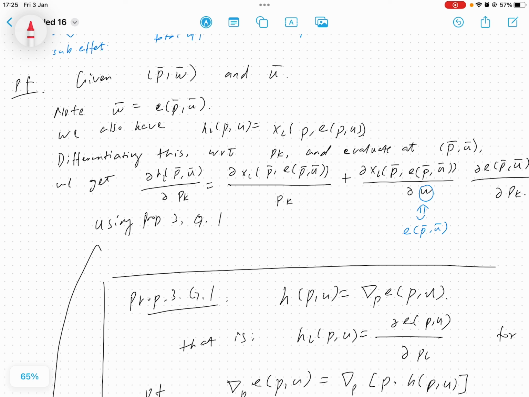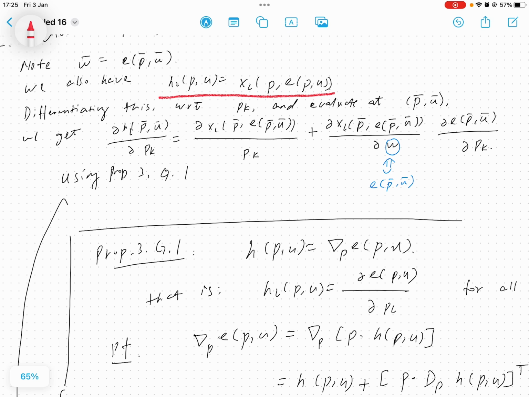And we also have this from before, which is just the relationship between the UMP and EMP, and we have those two to be the same, which is the Hicksian demand, which is exactly the Walrasian demand if we take this expenditure to be this W.